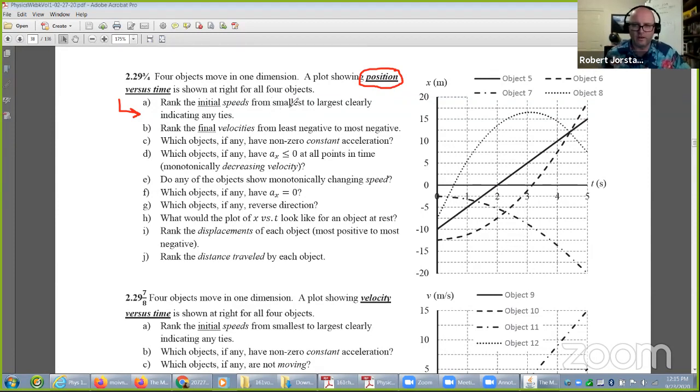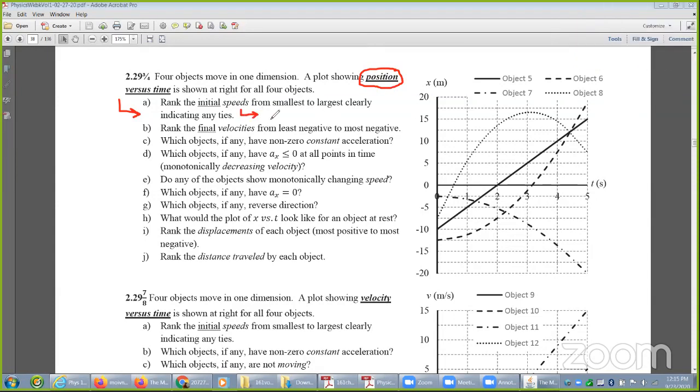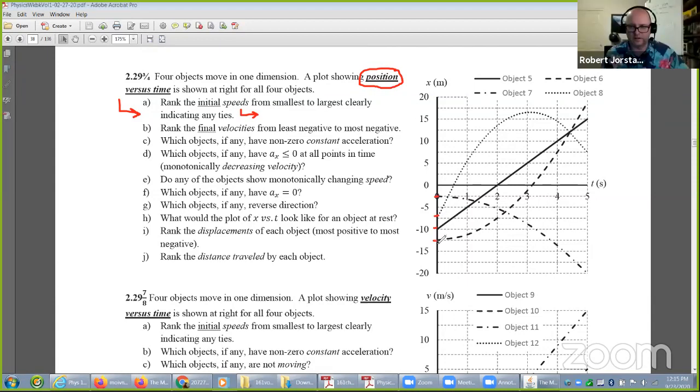Okay, so you said position versus time. How do you get speed from that? So I was just thinking of whatever is at 0. Since it's all position, it just means that they're all starting at different places, but they all have the same speed, right? Okay, so if I understood you right, you're saying that this value is x initial, right?